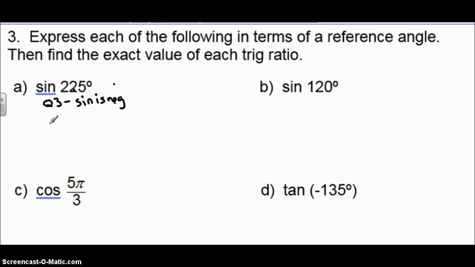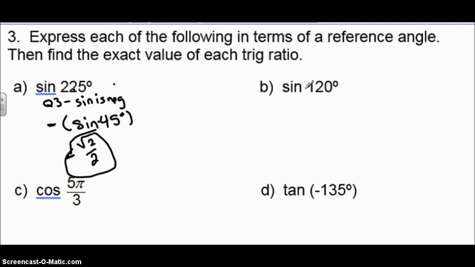So sine of 225 degrees would be the negative of sine of 45 degrees, the square root of 2 over 2. And since it's in the third quadrant, it's going to be negative square root of 2 over 2.